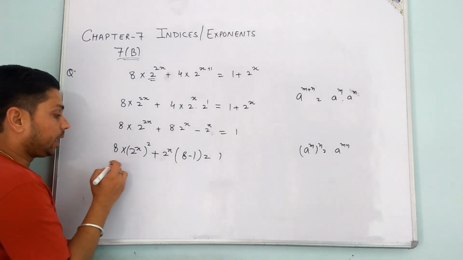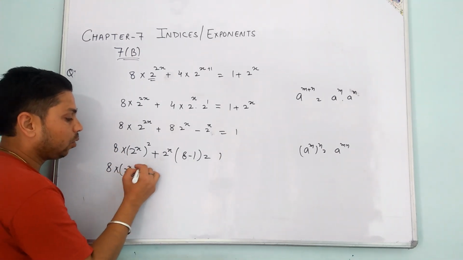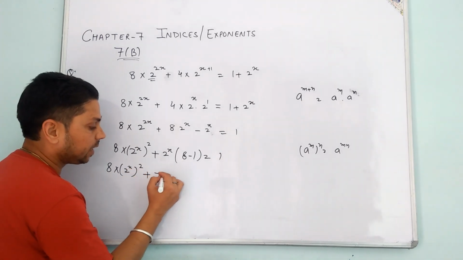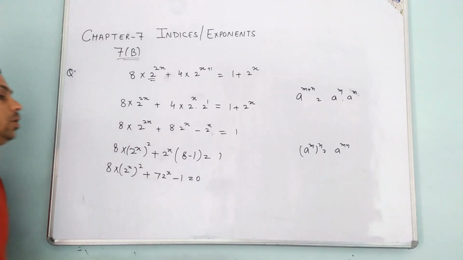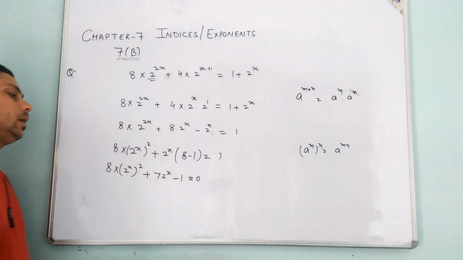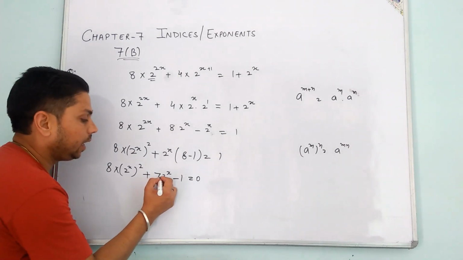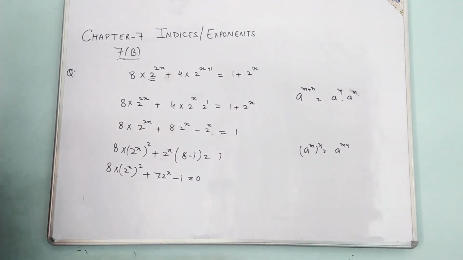Now again, 8 into (2 raised to power x) whole square plus 7 into 2 raised to power x minus 1 is equal to 0. If you keenly observe this, it will be a quadratic equation.